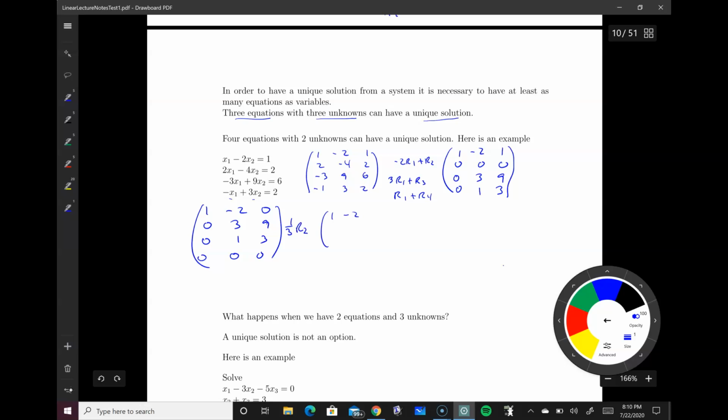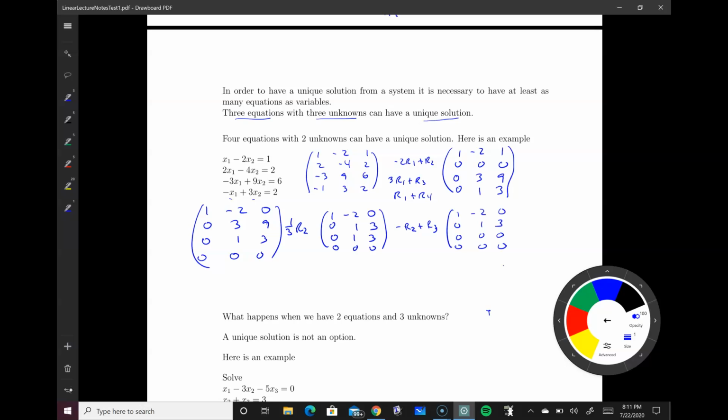So I get 0, 1, 3, 0, 1, 3, 0, 0, 0. I think I can just multiply negative 1 times row 2 and add it to row 3. So: 1, negative 2, 0, 0, 1, 3, 0, 0, 0, 0, 0, 0.